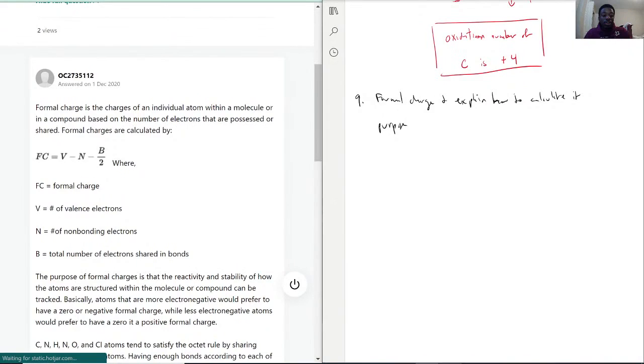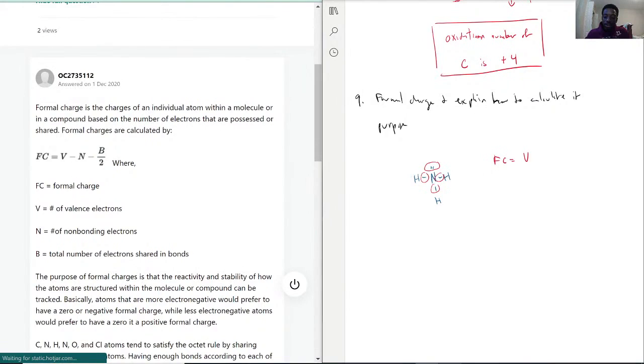Now in order to calculate that, as they show with this formula here, we start with the number of valence electrons. Nitrogen has 5 valence electrons, and then in parentheses, the number of non-bonding electrons.